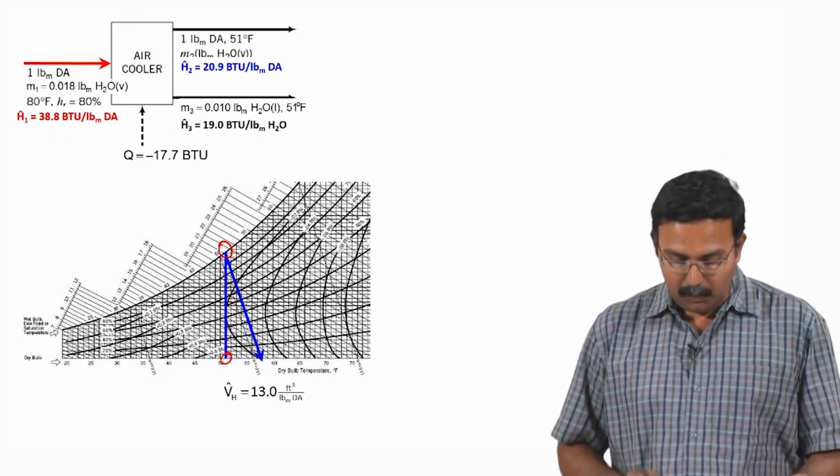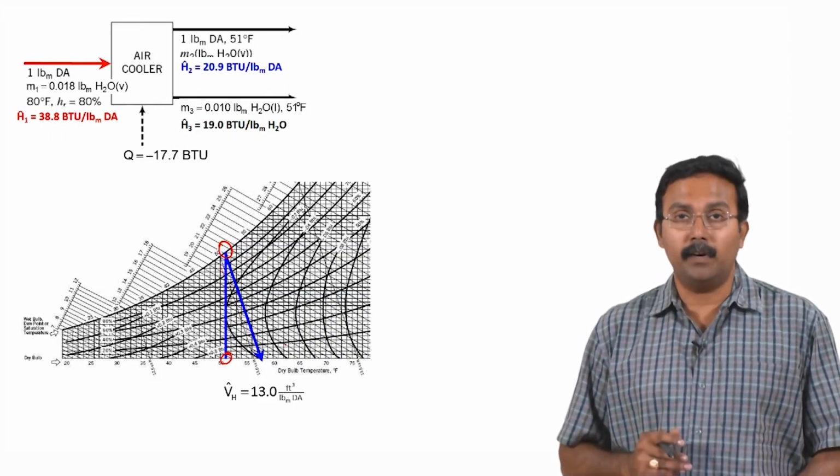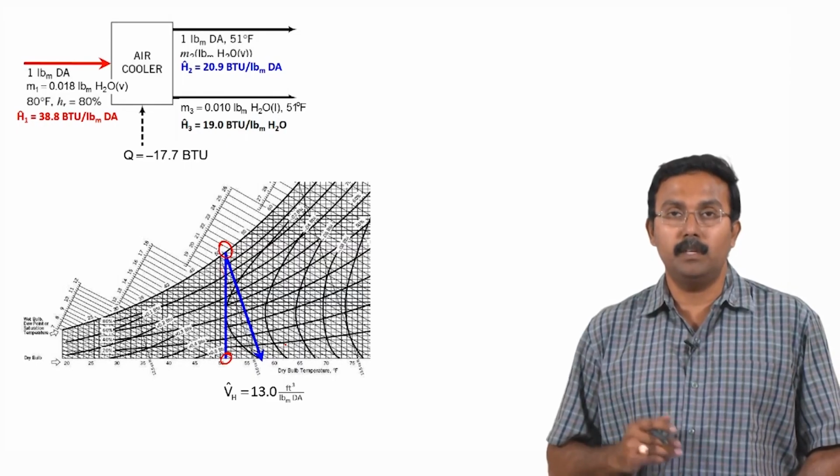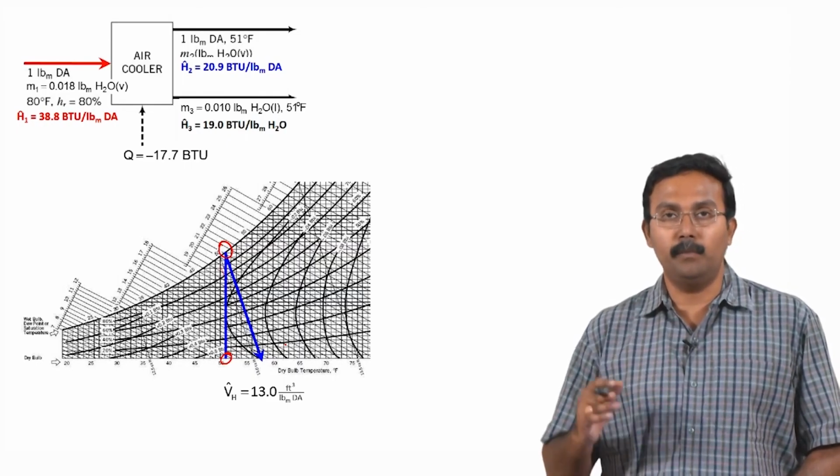Now that we have this value, we need to identify how much heat needs to be removed for 1000 feet cube of humid air to be produced. What we have is 17.7 BTU should be removed to produce 13 feet cube of humid air. Now we want to produce 1000 feet cube. So, how much heat needs to be removed?